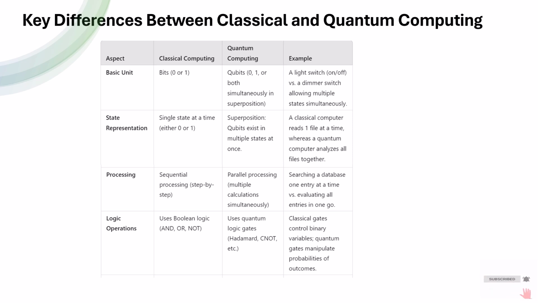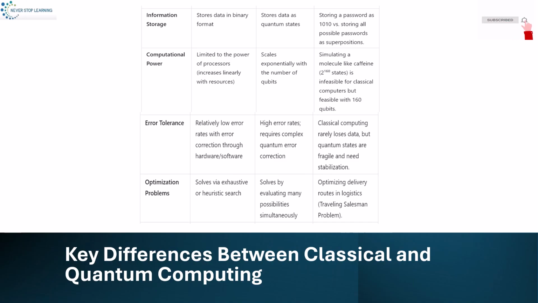Classical computing uses Boolean logic, AND, OR, NOT, whereas in quantum computing we have quantum logic gates such as the Hadamard gate or CNOT gate, etc. Classical computers store data in binary format, whereas quantum computing stores data as quantum states.